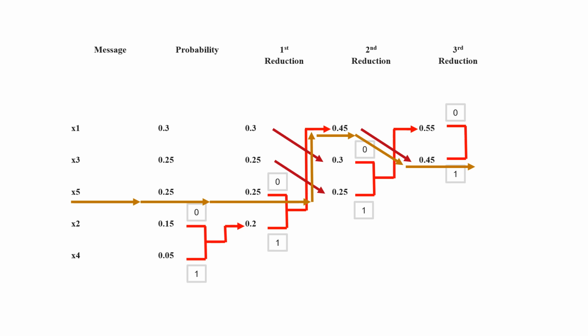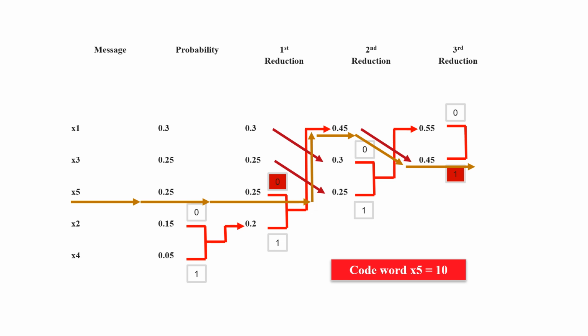For x5, again we are following the same procedure. 0.25, 0.25, 0.25, 0. It is contributing to 0.55. So when we are tracing, the code will be 1, 0.